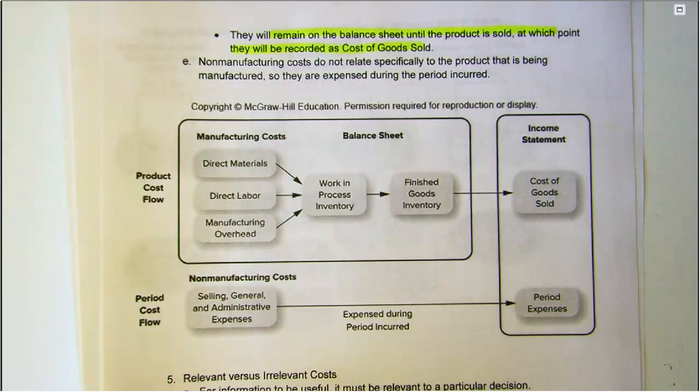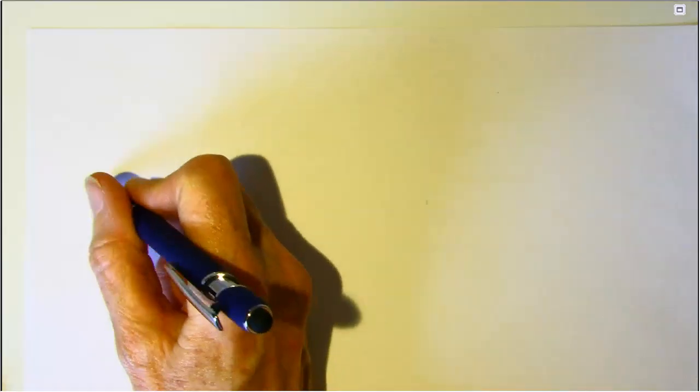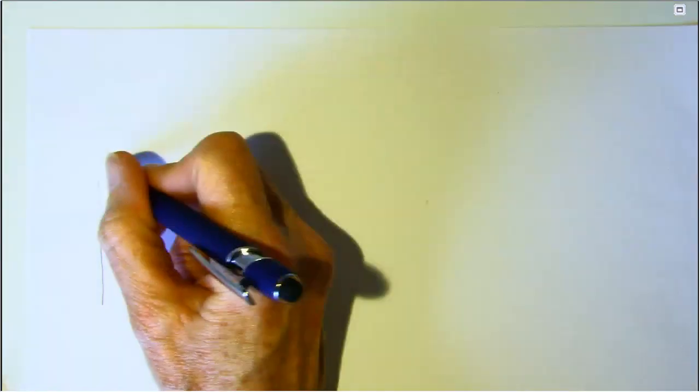Now, I am not very good at drawing at all. However, if you have a sheet of paper handy, or maybe a notebook page, you might want to stop the video, and grab a pencil or pen, and perhaps your art can be a little bit better than mine. This might help you remember the different cost categories. Okay, so first of all, I'm going to draw a factory.